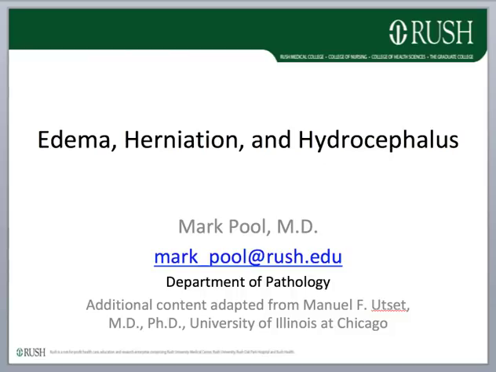And so generalized brain edema, increased CSF volume or hydrocephalus, and focally expanding mass lesions produce the consequences of edema, herniation, and hydrocephalus. So let's start talking about brain edema.